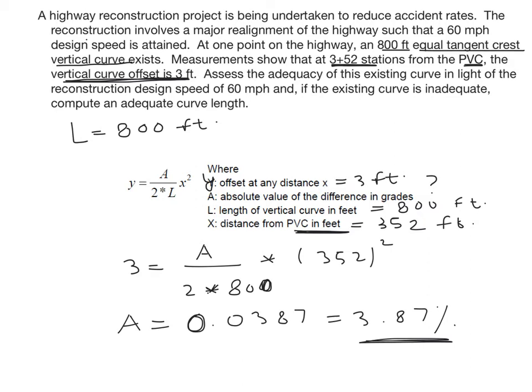We're going to find out what the minimum required value of capital K is for a given design speed, and whether the value that we have in this particular vertical curve is adequate for that kind of speed. So here we are going to go into the next slide, calculate the capital K value for this curve and compare it to the value that is prescribed by the AASHTO Green Book.